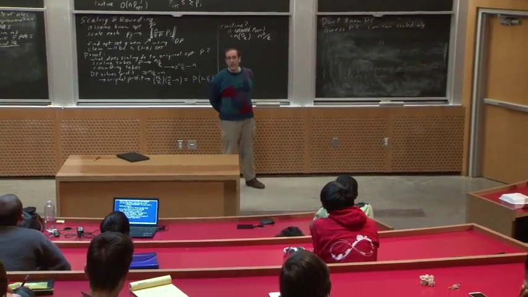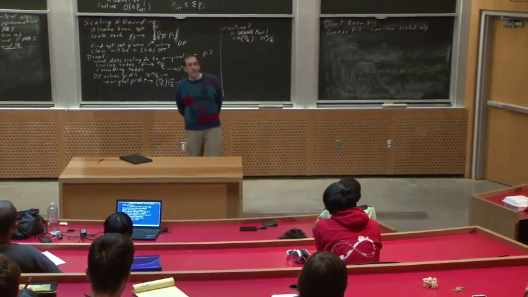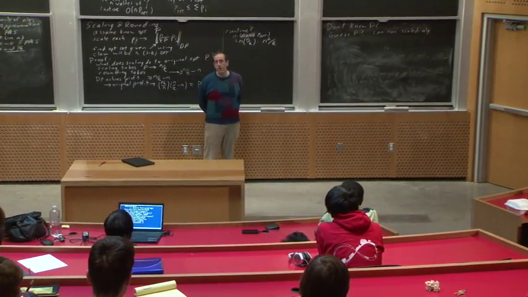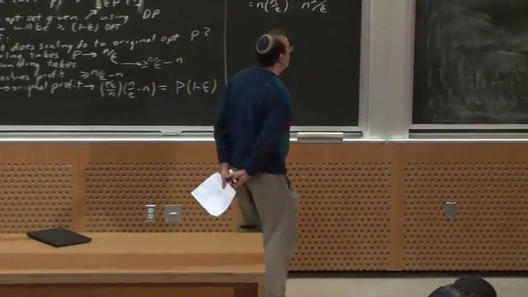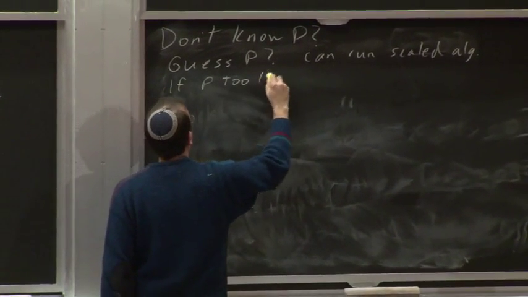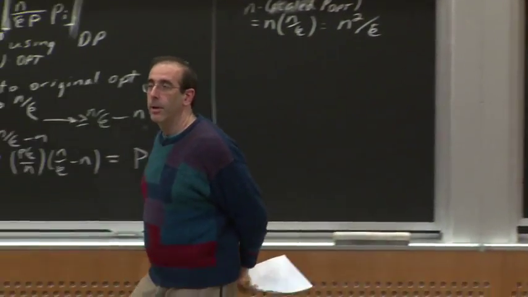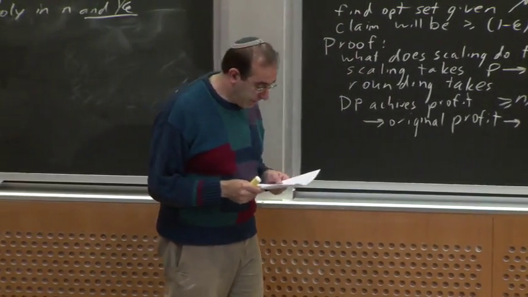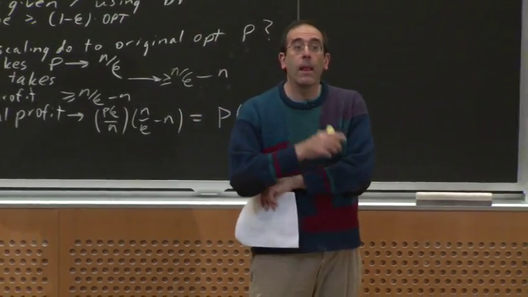Well, there's kind of two interesting cases, right? I could be optimistic or pessimistic. I might guess a p that's too large, or I might guess a p that's too small. What's going to happen if p is too large? So I'm guessing a profit that actually cannot be attained.